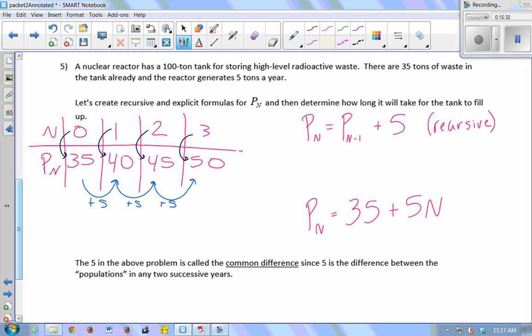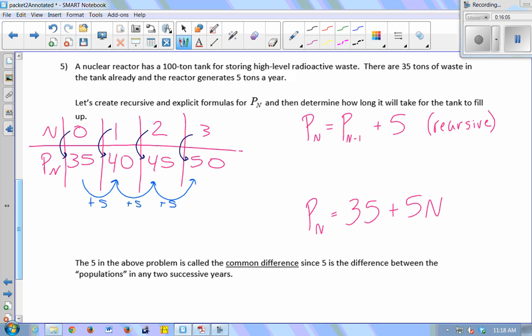And when n is 0, you add nothing. So that makes sense, because if you plug in a 0 for n, you just get the 35. And then you're going to add 5 every year for n years, right? And repeatedly adding 5 n times, we write as multiplication. You add 5 n times, which is 5 times n. So you start with 35, add 5 every year for n years, and you get plus 5n.